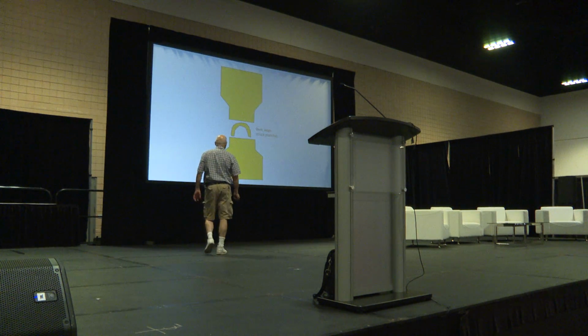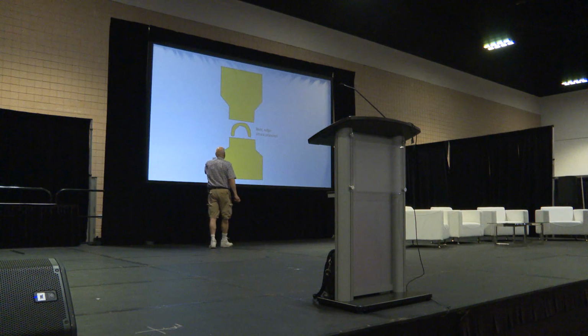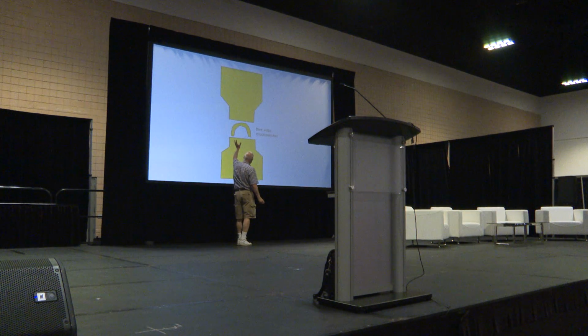So this is kind of a diagram of what happened. It was struck on edge, bent, fell on its side with the tips of the arch resting on the anvil die.